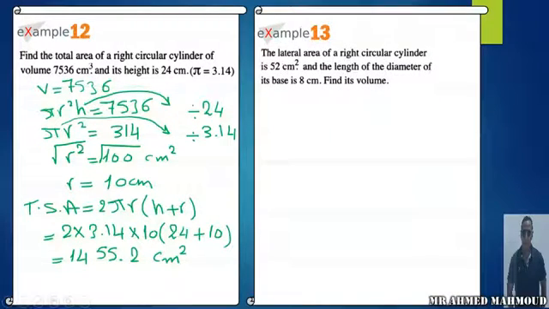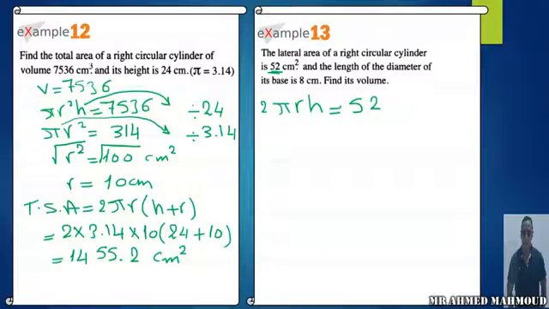If the lateral area of a circular cylinder is 52 and the length of its base diameter equals 8, find its volume. Okay, first I will start with the given, the lateral area. The lateral area is equal to 2 pi r h, which equals 52.